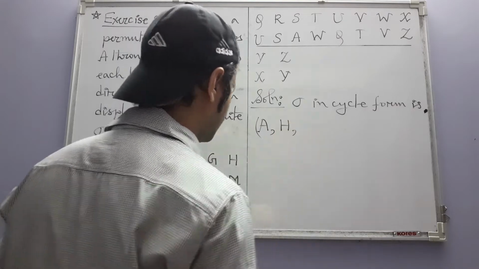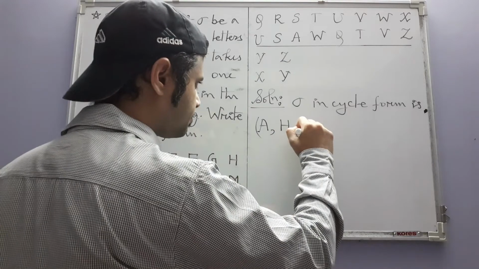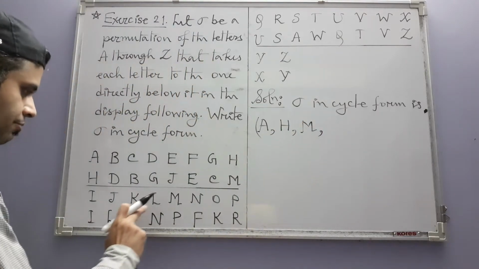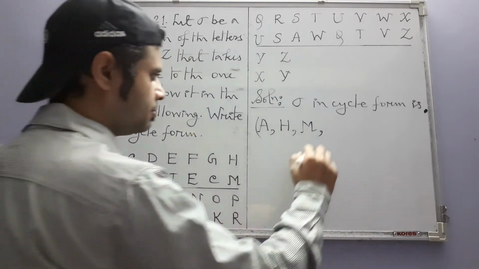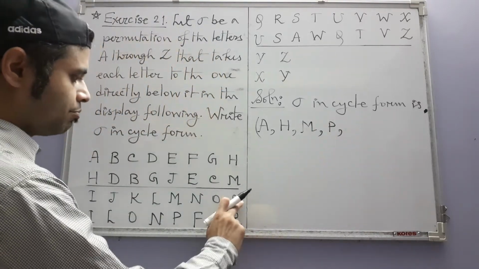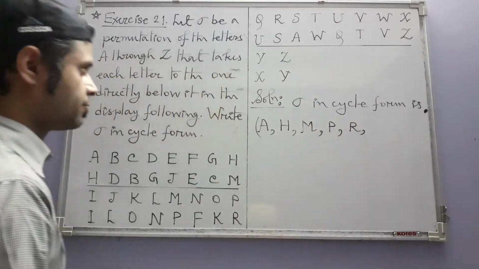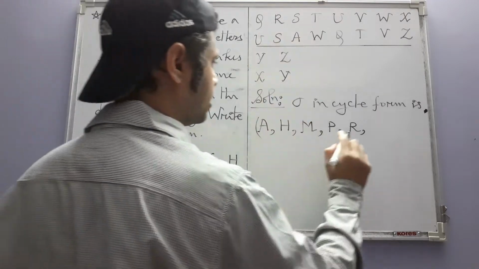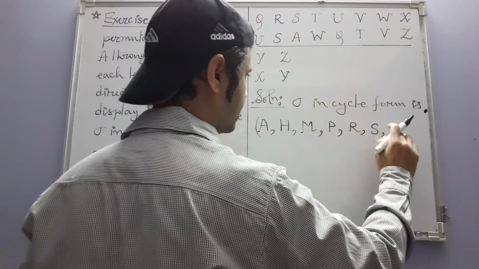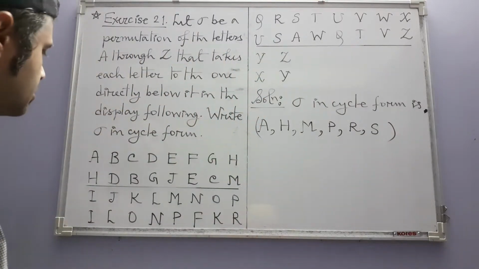So image of A is H, image of H is M, image of M is P, that of P is R, image of R is S, image of S is then again A. So we have come back to this.